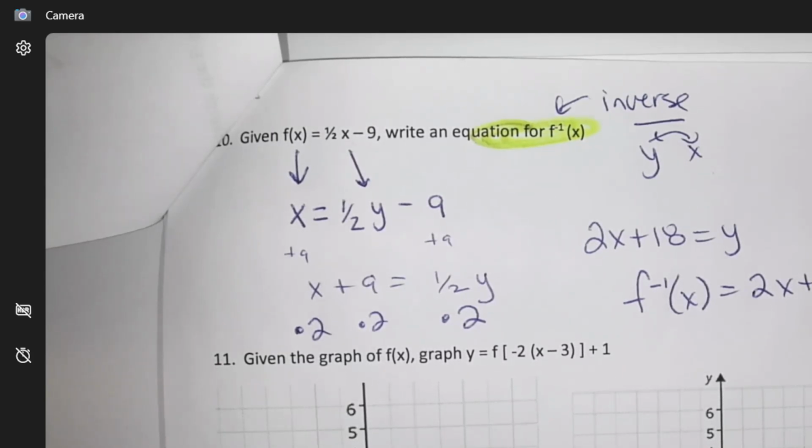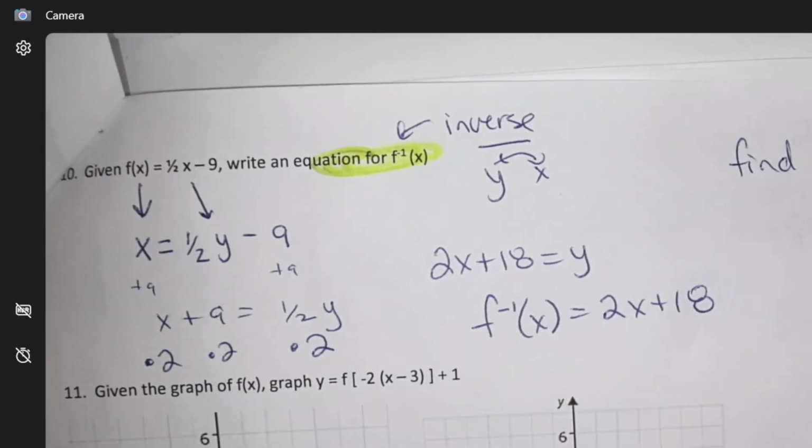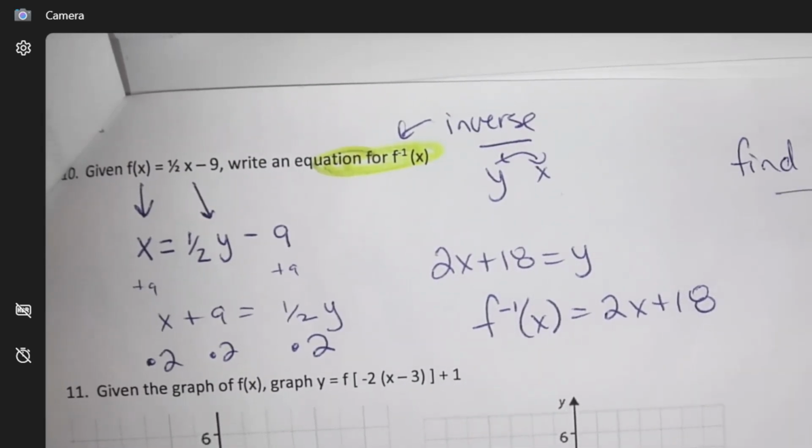You might see something additional on the test. You might see something like this. What does that mean? I just have to go one more step further now.